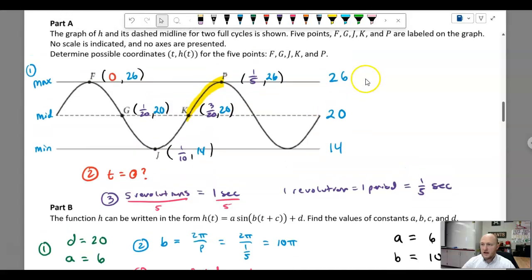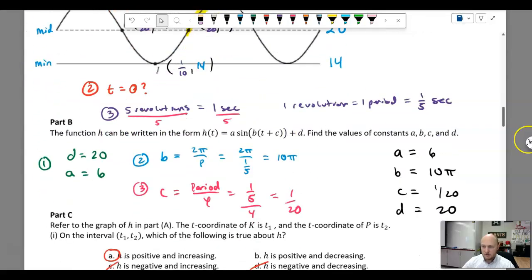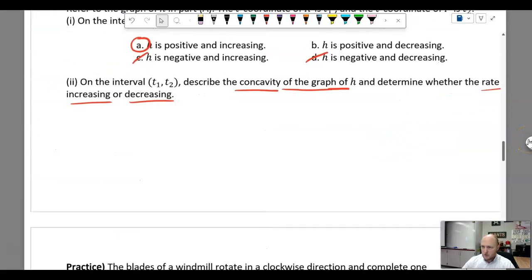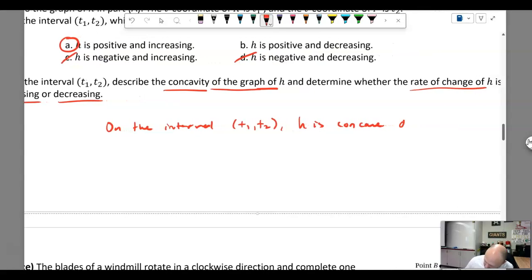We can look at our graph from K to P, and we can see this is concave down. So we can say on the interval T1 to T2, H is concave down.